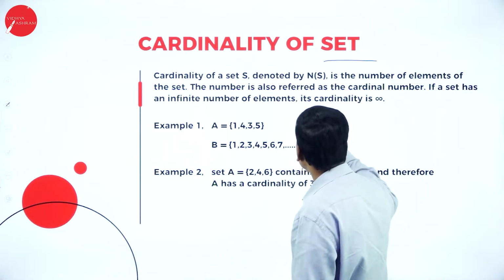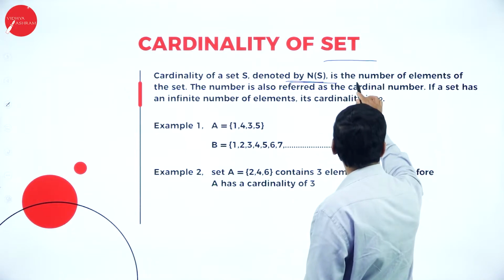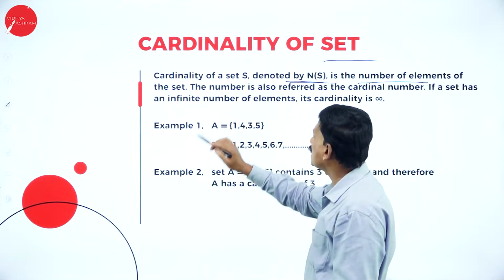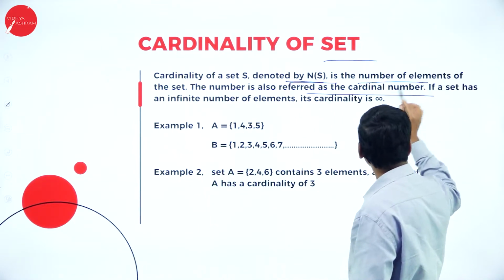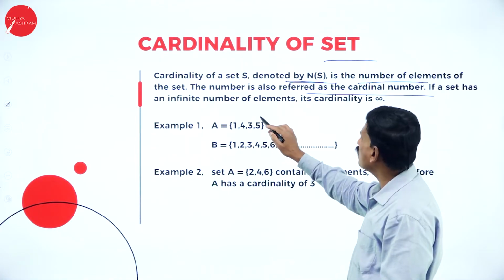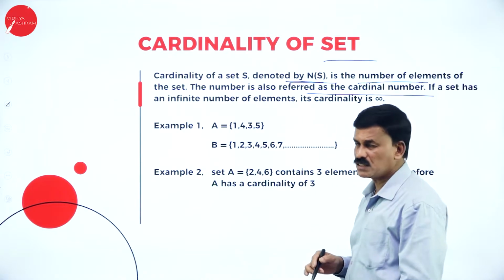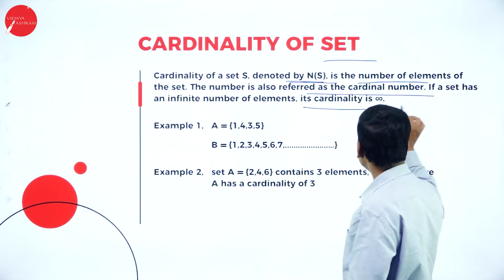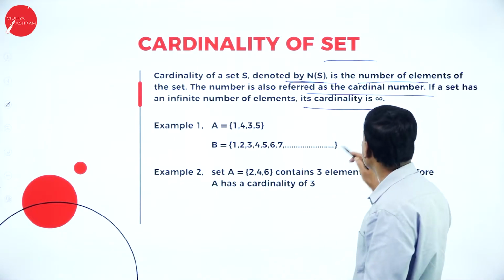So, the cardinality of a set is denoted by n of S, the number of elements in the set, also referred to as the cardinal number. If a set has a finite number of elements, then the cardinality is finite. If it has infinitely many elements, then the cardinality of the infinite set is infinity.